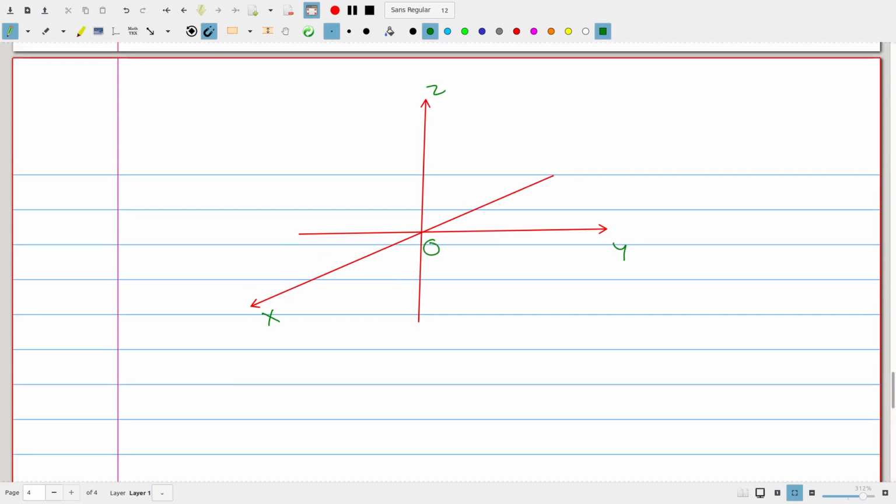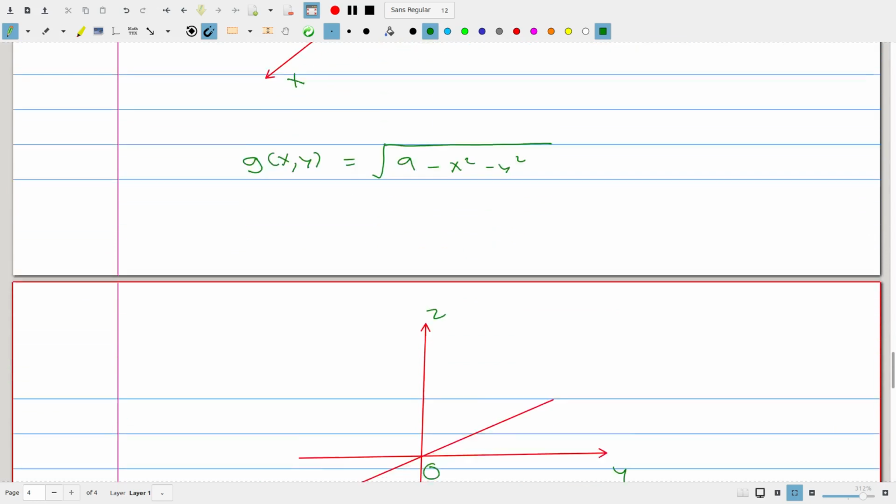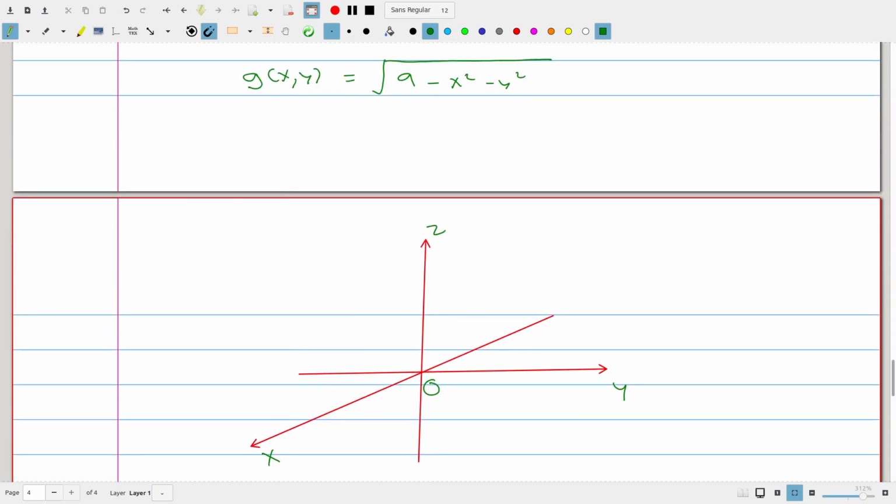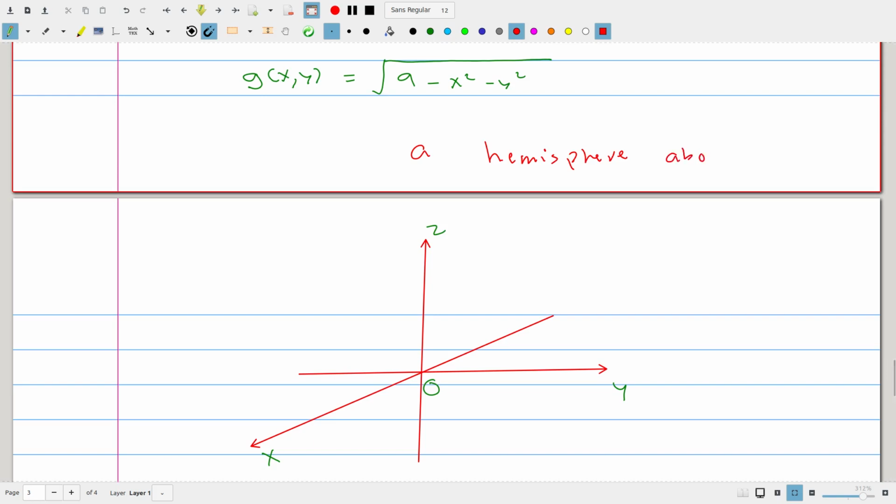So g of xy is going to give me a hemisphere, meaning half a sphere, above the xy plane. Let me write this in red: hemisphere above the xy plane.